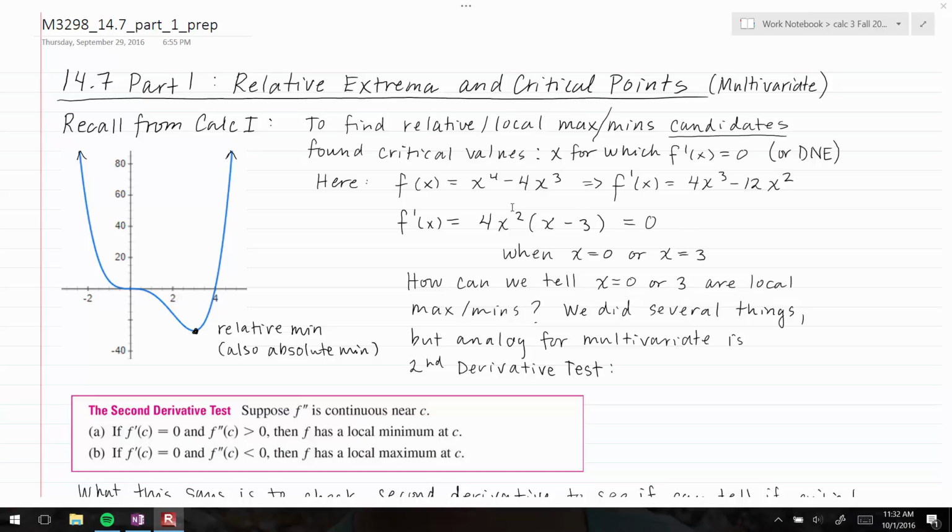Then it was often a good idea to factor the left-hand side if you could, to find the solutions. I did that here, and notice that 4 is not contributing any solutions because it's not a variable, but x squared, when it equals 0, gives a solution because it's multiplied by all this other stuff and the product equals 0 on the right.